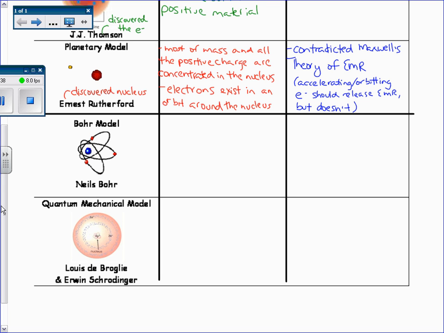The Bohr model said that electrons exist in discrete energy levels that are a discrete distance from the nucleus.